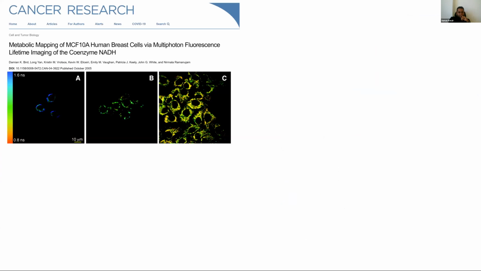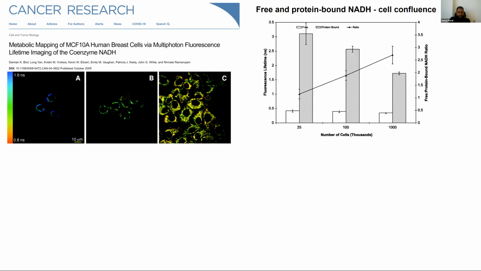Again, the first paper to use it was from Damien Bird and Nirmala Ramanujam's lab. I shouldn't make that up, but it's looking at MCF10A human breast cancer cell lines, looking at NADH. These are under differential cell confluence.